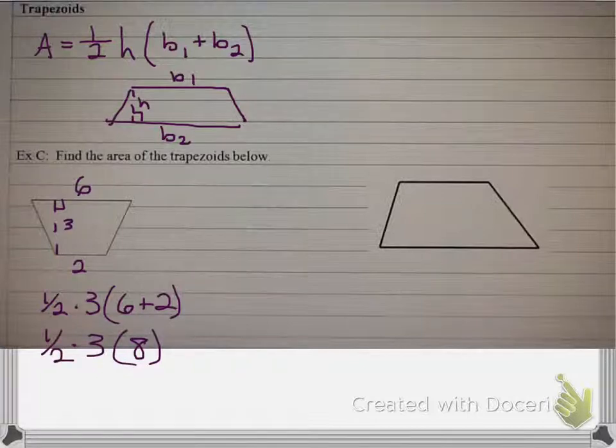You should be able to do it in your head. 3 times 8 is 24. 24 times 1/2 would be 12. And I just realized I didn't put units on that, but I think you'll survive without them.